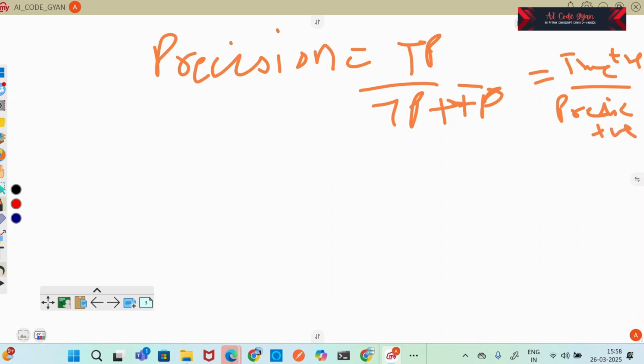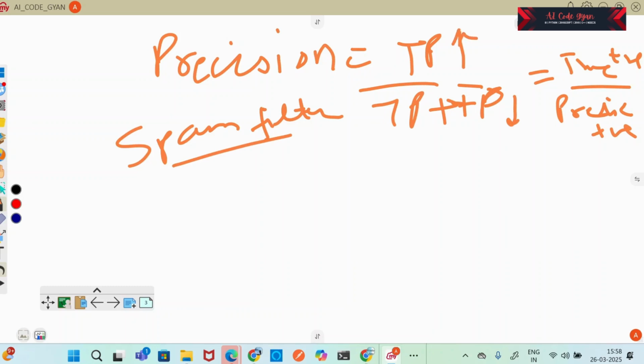It tells how our model is performing with respect to the prediction. This is used, for example, in spam filters, because we want to reduce FP to increase TP here. FP is false positive.